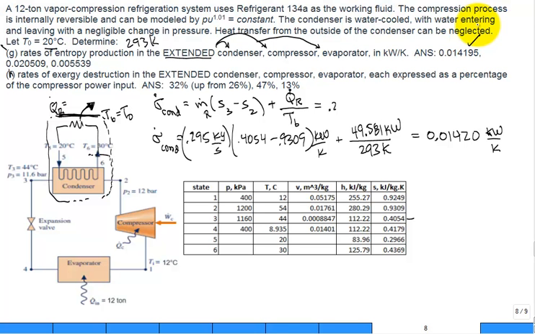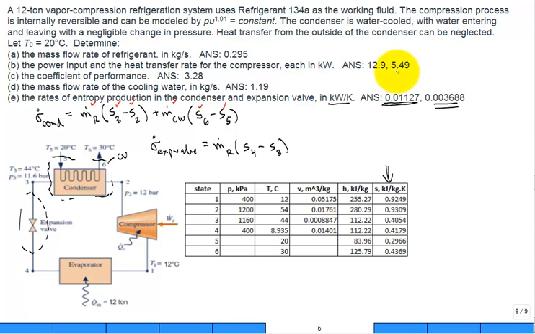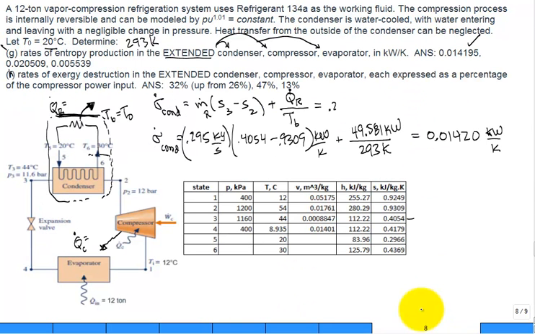How about the extended for the compressor? Well, either way, we've got to deal with this Q dot C. We know it's negative. I'm going to turn it around. You're going to hate me for it, but that way I have fewer minus signs. And then this was, let me go back and look at my numbers here, 5.49. So this is the 5.49 kilowatts, and it's going out of the control volume.